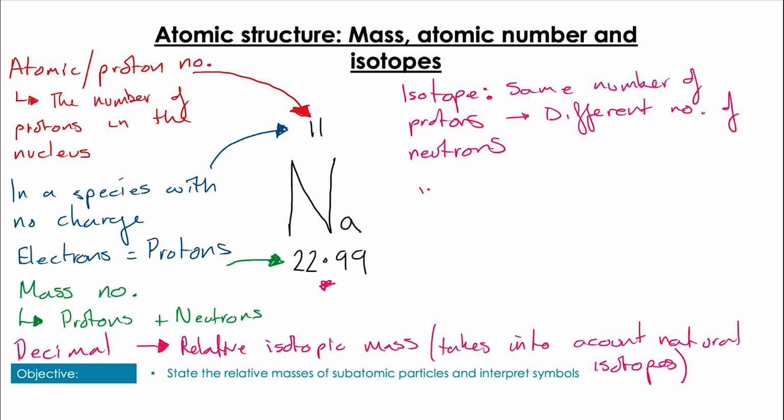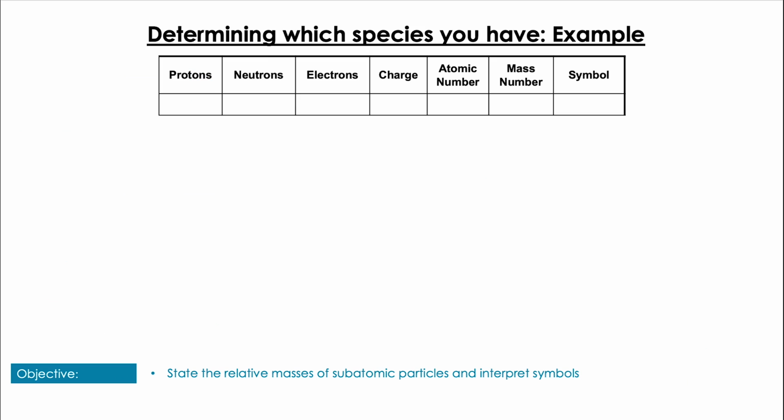So an example for sodium here would be to have the Na-22 and the Na-23 isotope. You'll see the proton number the same, but the mass number is different. So the relative isotopic mass tells us something about their relative abundance, which is something we're going to consider more in this video.